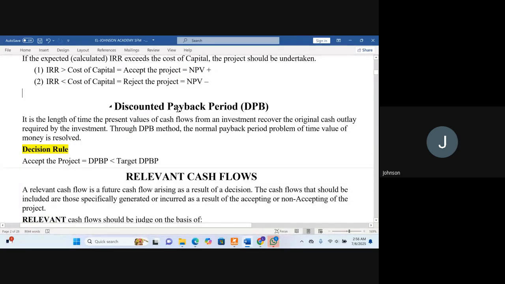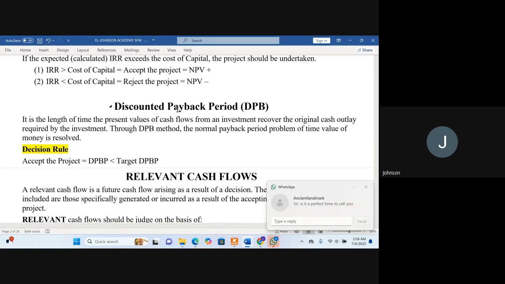In your question, the examiner will give you a targeted payback period. You can say you borrow a loan of up to 50 million, for instance. The bank expects that you should pay it in the next 10 years.